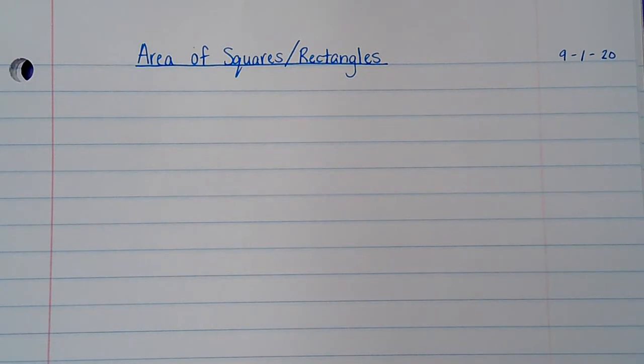When you're talking about area, you're talking about how much it takes to cover the surface. So, like, you usually think about your yard or like a carpet, and it's talking about how many squares it takes to fill up that space.